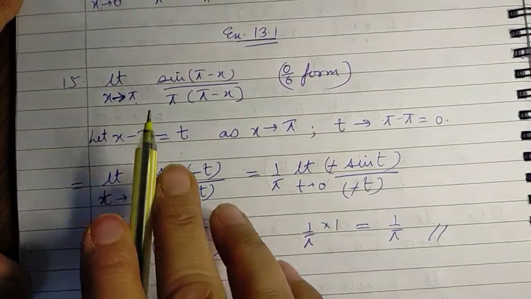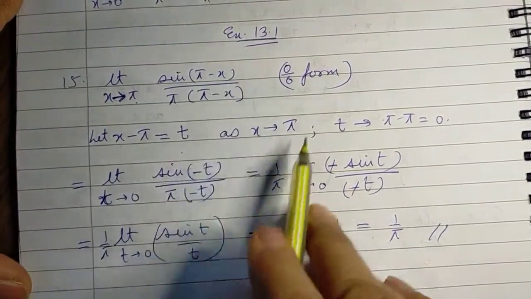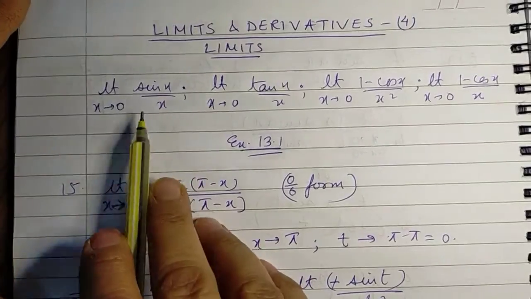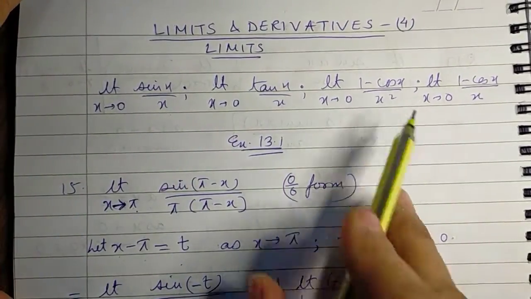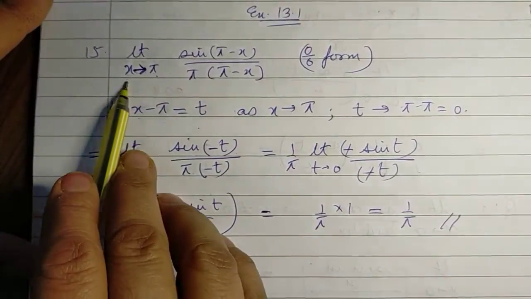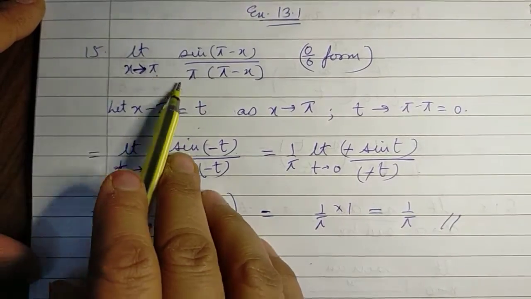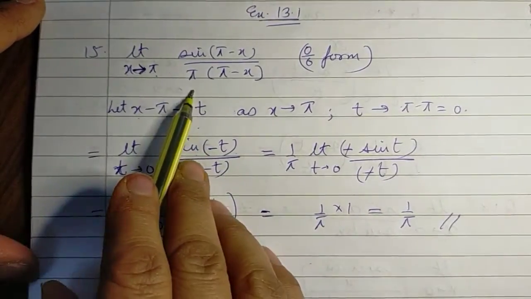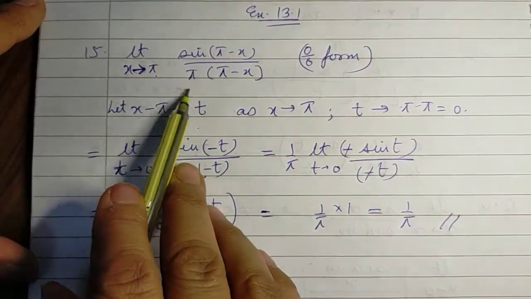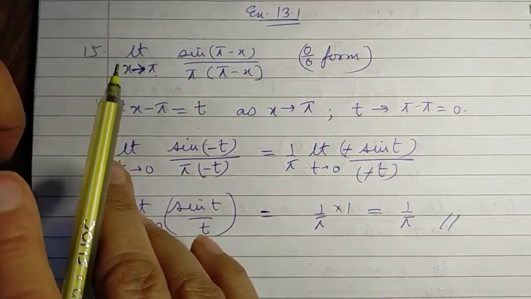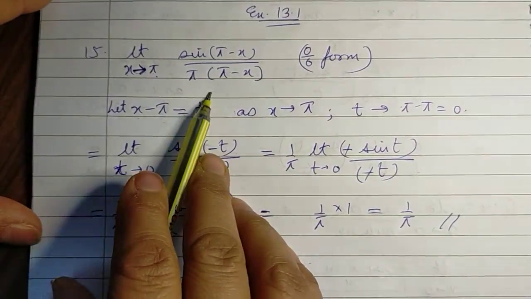So we have seen that mostly the results which we have done are as x approaches 0. But in case you get a question where x approaches a point other than 0, we substitute it with a variable such that that variable approaches 0.